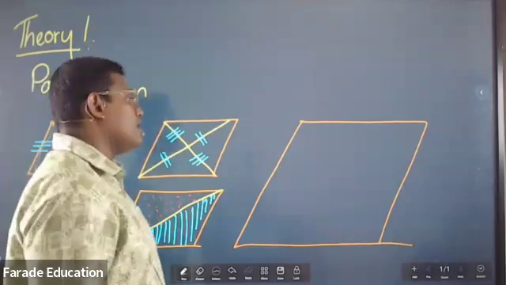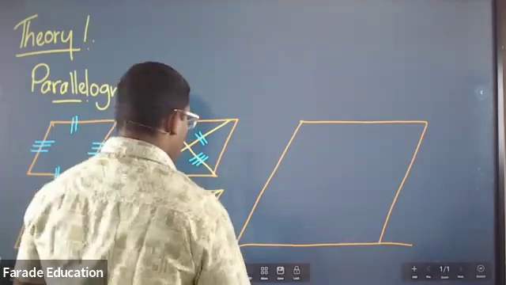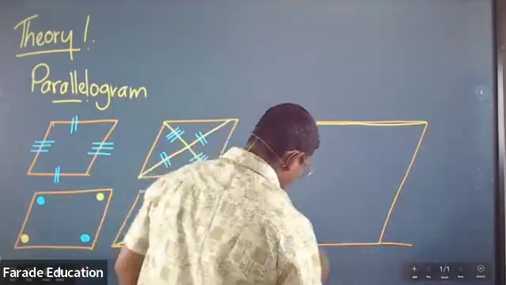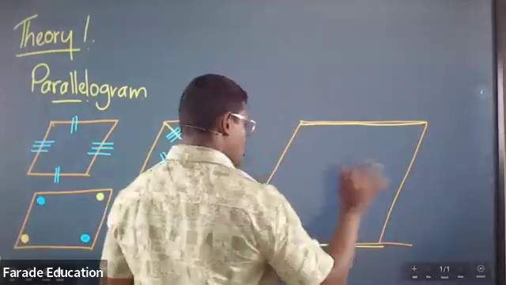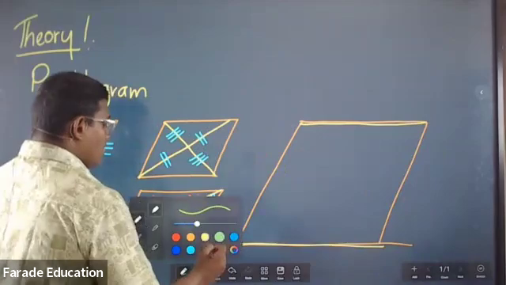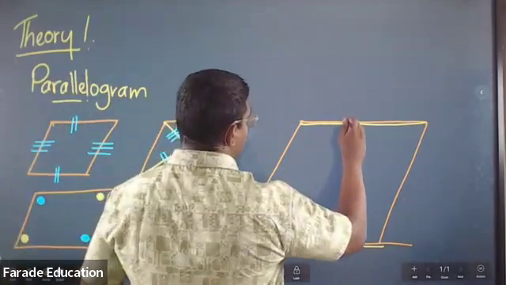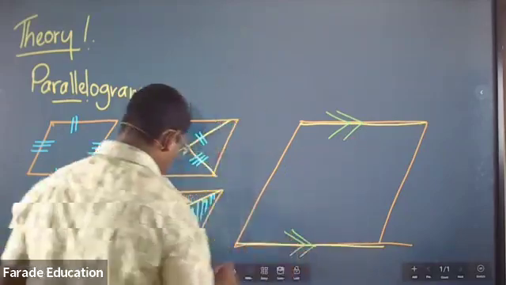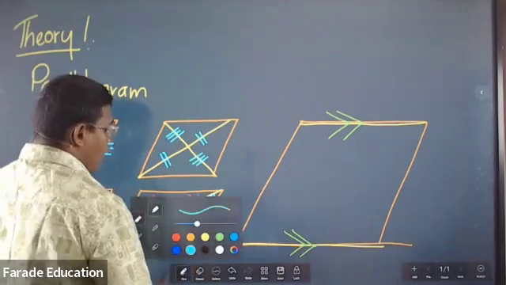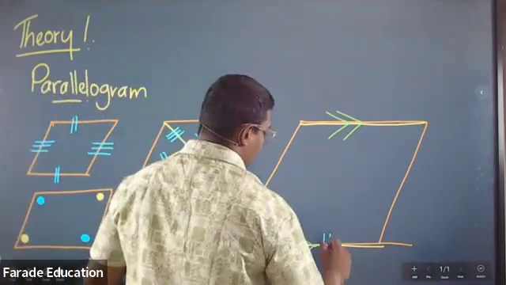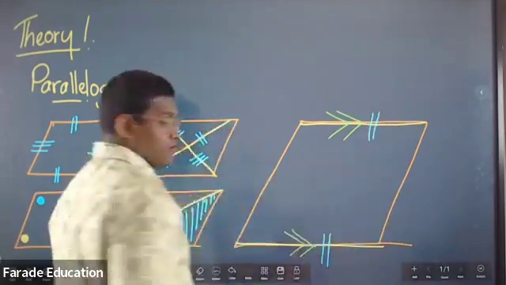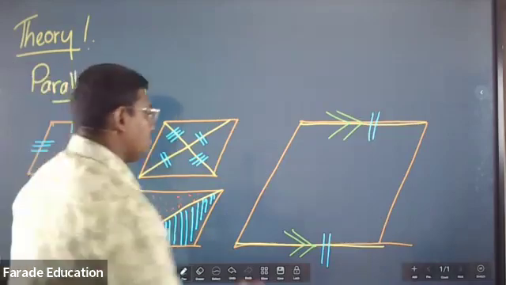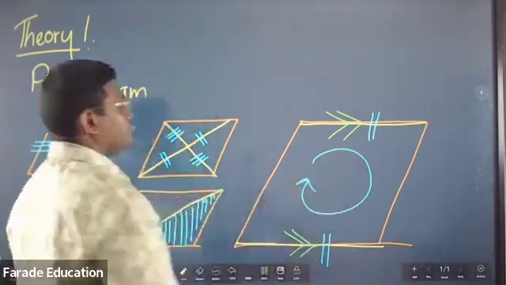That is, if you can prove one pair of opposite sides, I'm taking this and this, or you can take this and this also, are parallel and equal, then this is a parallelogram.